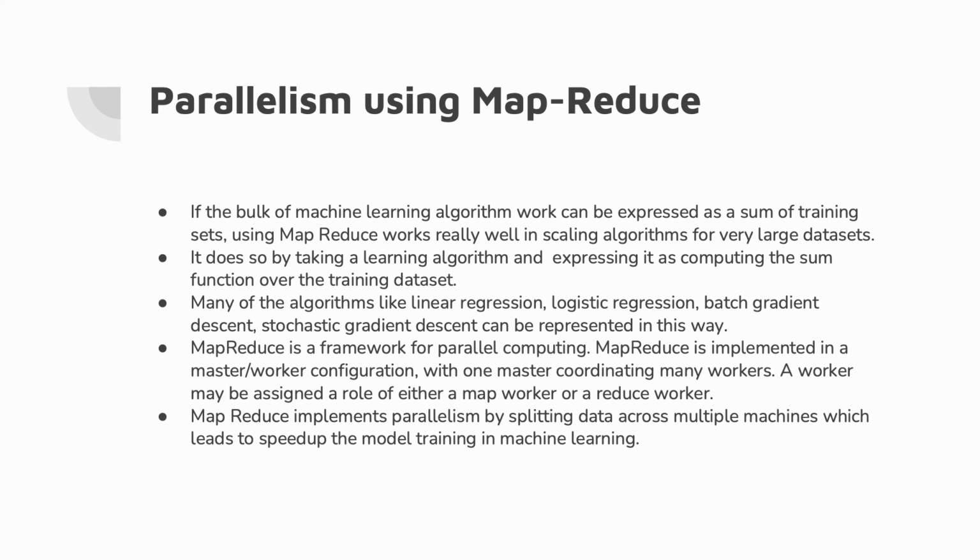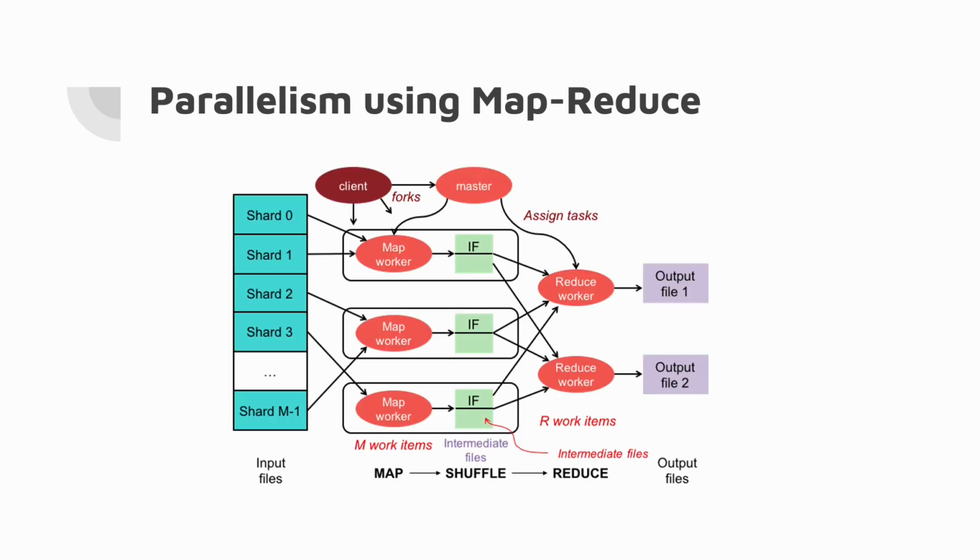Many of the machine learning algorithms like linear regression, logistic regression, naive Bayes, gradient descent, and stochastic gradient descent can be represented in this way. So MapReduce implements the parallelism by splitting data across multiple machines, which speeds up model training in machine learning. This figure illustrates the entire MapReduce process.